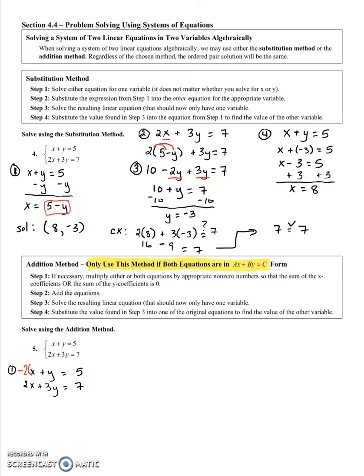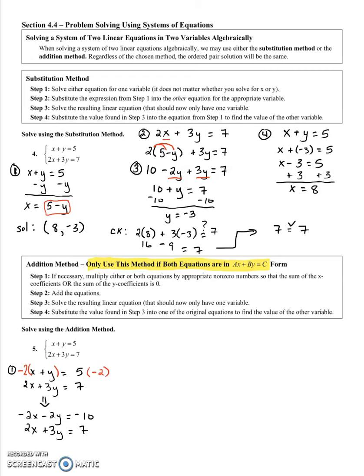I have to multiply both sides of the first equation by negative 2. If I distribute, my first equation is now negative 2x minus 2y equals negative 10.